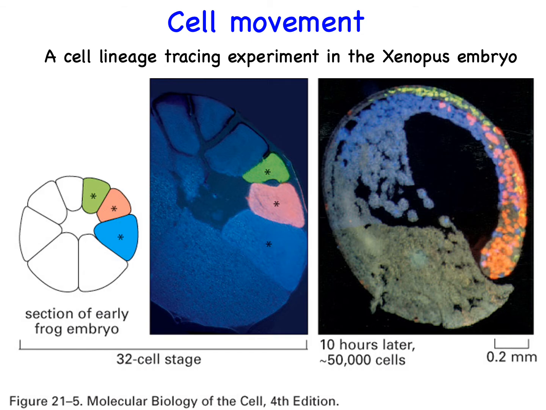So we have cells dividing, so proliferation, we have the cells moving around, we have cells signaling to each other to carry out different functions, and we have cells dividing asymmetrically to give two daughter cells that have different functions.